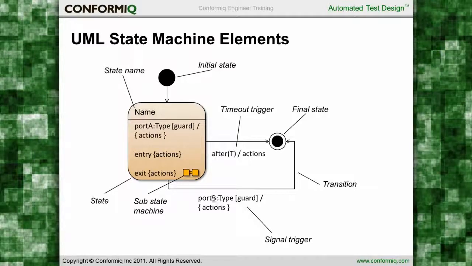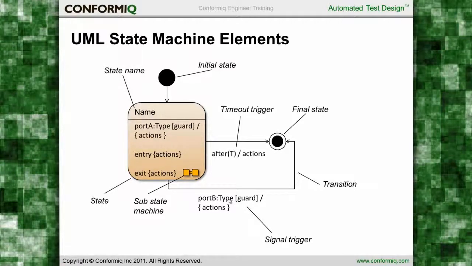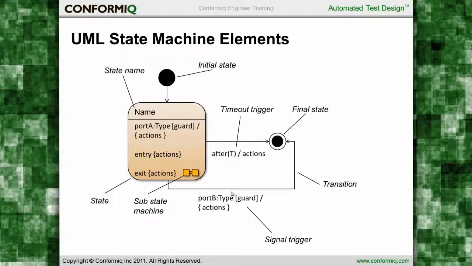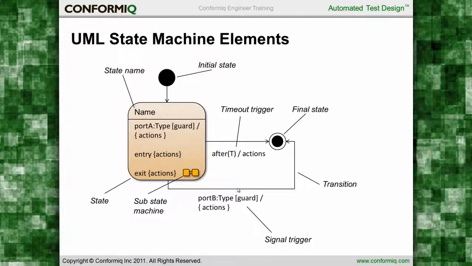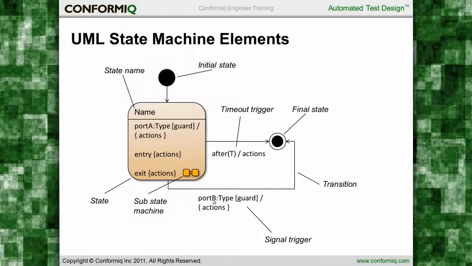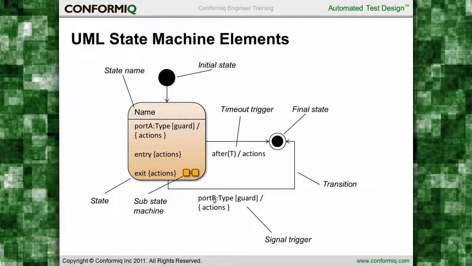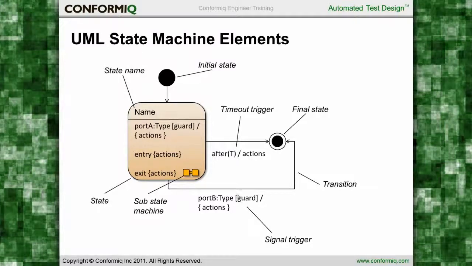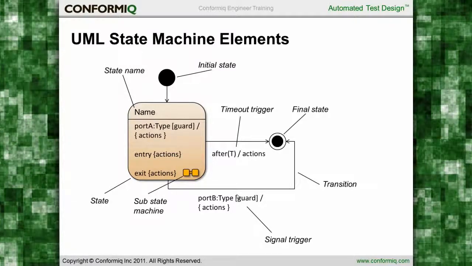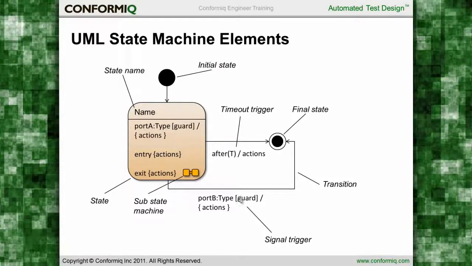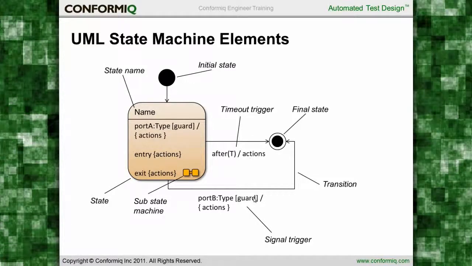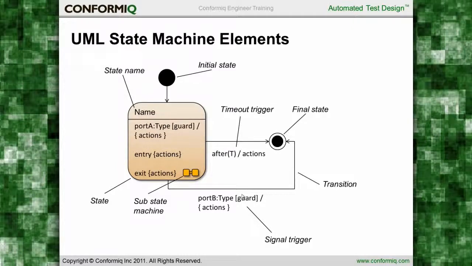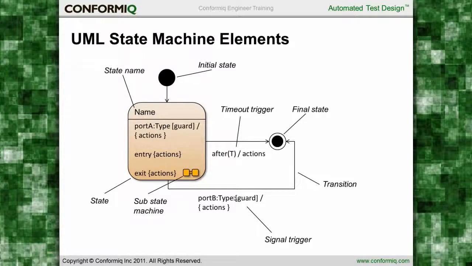Here we see an example of a signal trigger, which means the way you read this is that this particular transition is executed when, in this state, on port B, which is one of the incoming interfaces of our model, we receive a message called type. And when the message is received, there is also this guard, which typically can check whether certain conditions in the incoming message hold.